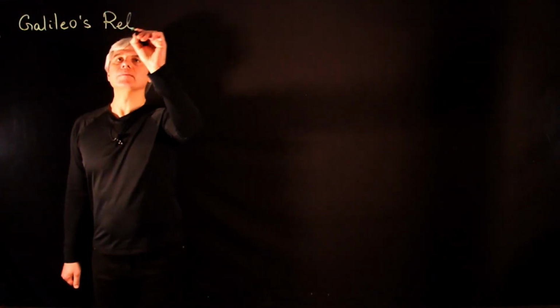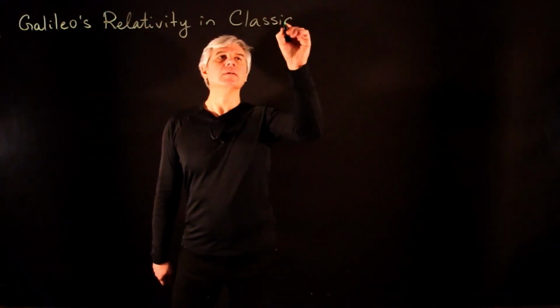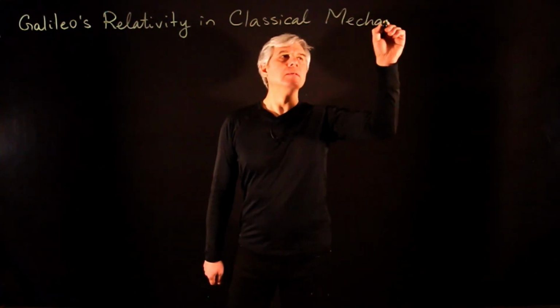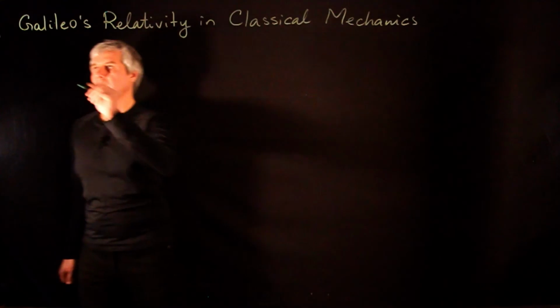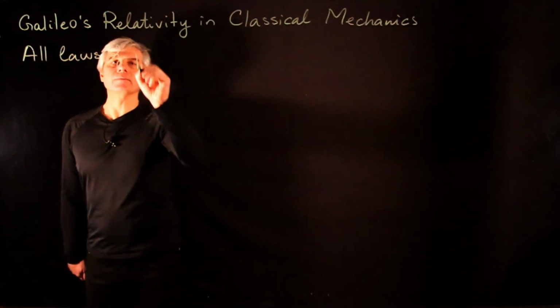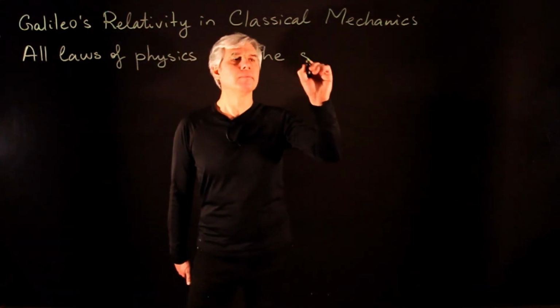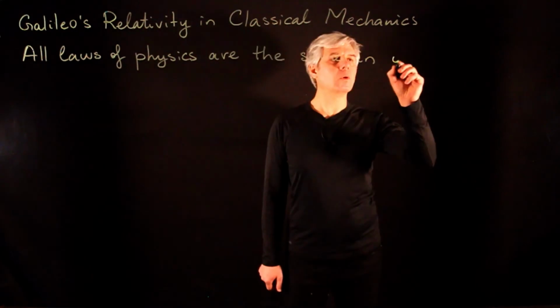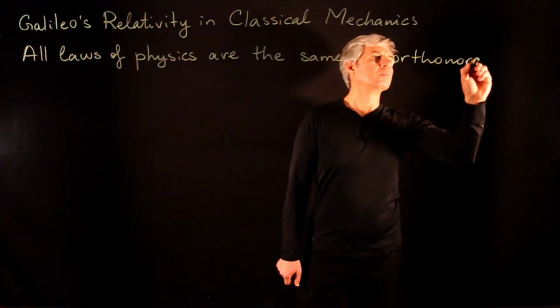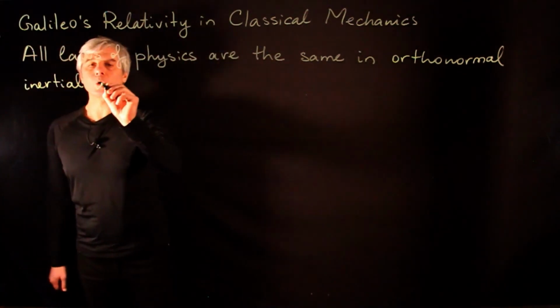We will begin with Galileo's relativity in classical mechanics, which postulates that all laws of physics are the same in orthonormal inertial coordinate systems.